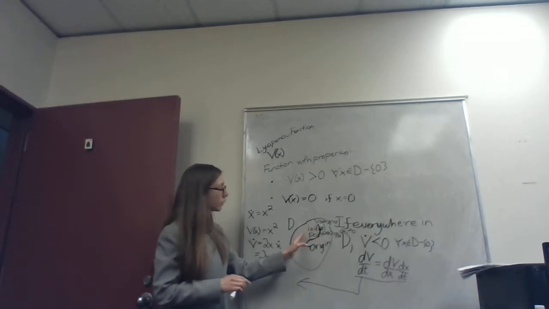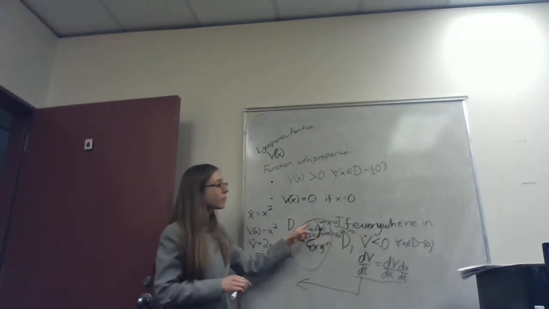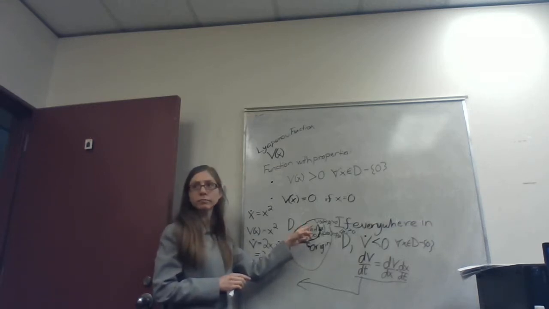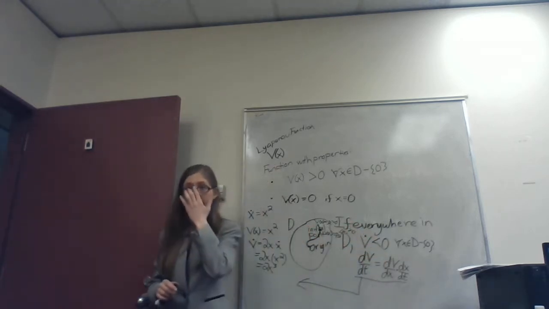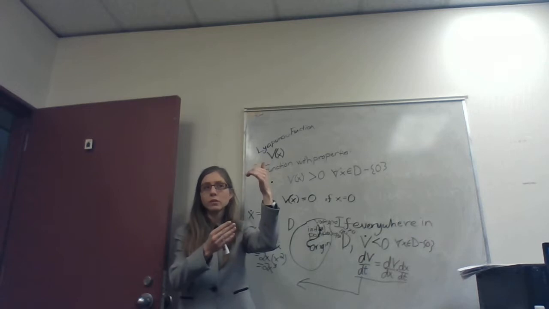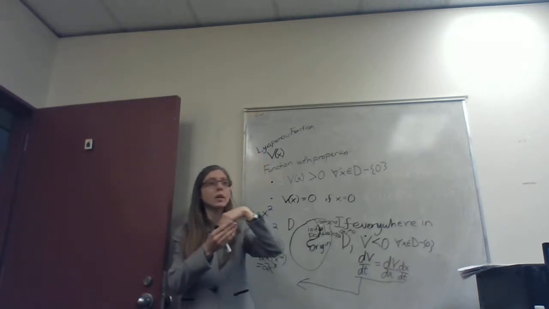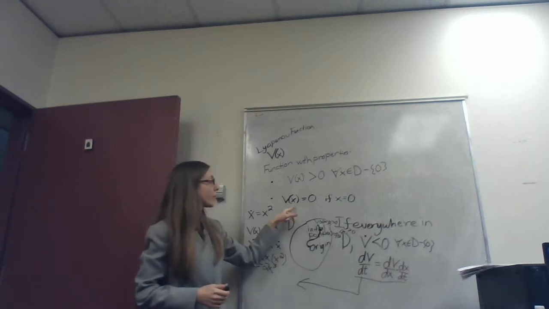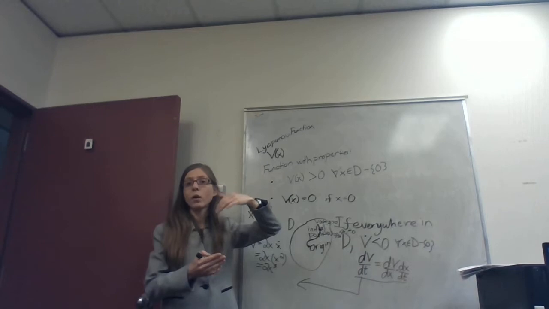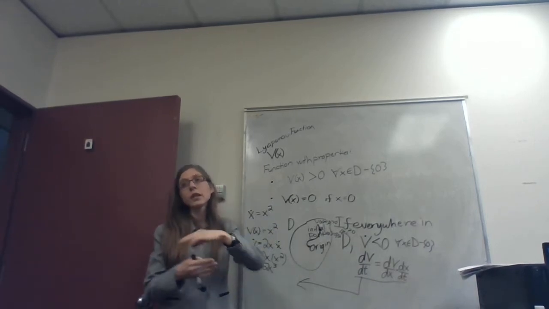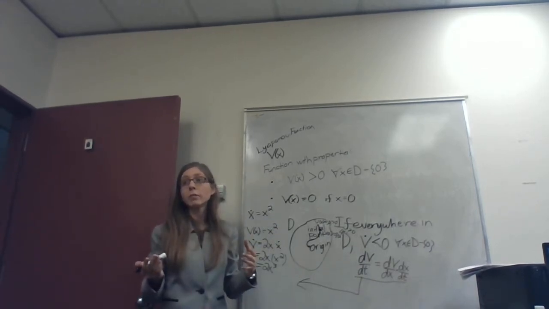So in this region, if there are points where V of x is not greater than 0, where it's negative, then when V dot is less than 0, from those points I follow the trajectory and V gets more negative. But the only thing that I know about this function is that at the origin, x is equal to 0. So if it's going away from the origin, then I can't really say it's asymptotically stable.